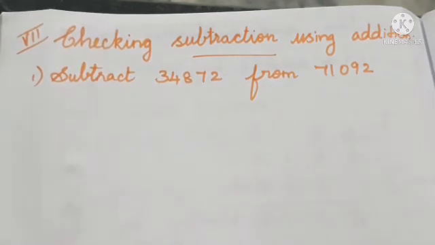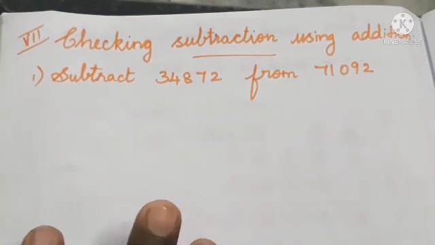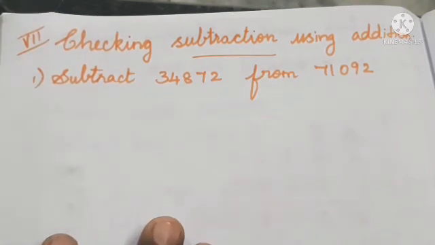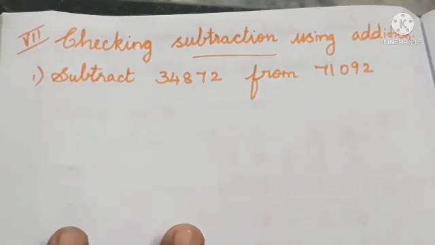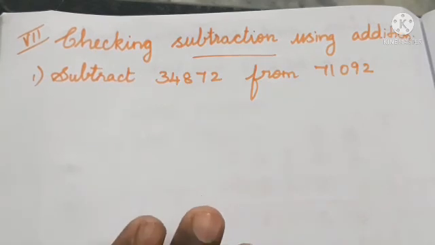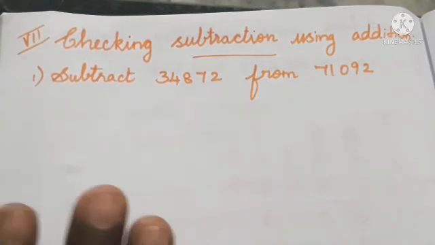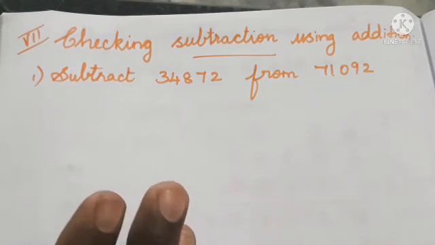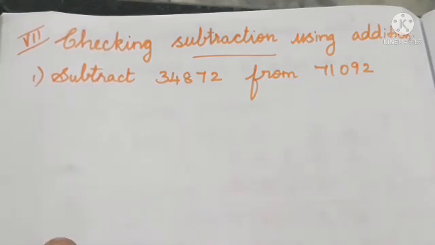Then, for the checking process, we have to add the difference to the subtrahend. If we get the minuend as the sum, your subtraction is correct. When you add the difference to the subtrahend, if you get the minuend as the sum, it means your subtraction is correct.